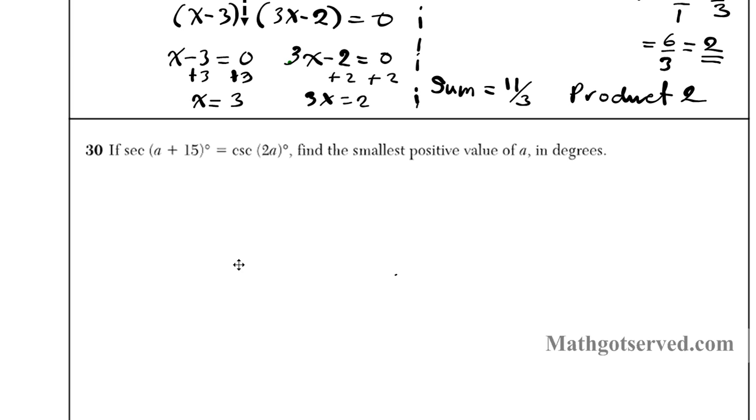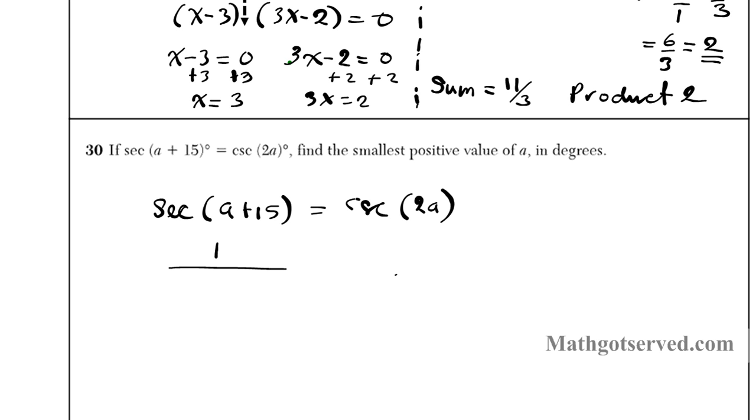All right, so for this one, we want to solve secant(A plus 15) equals cosecant 2A. We can express secant as 1 over cosine, so we can write this as 1 over cosine(A plus 15).